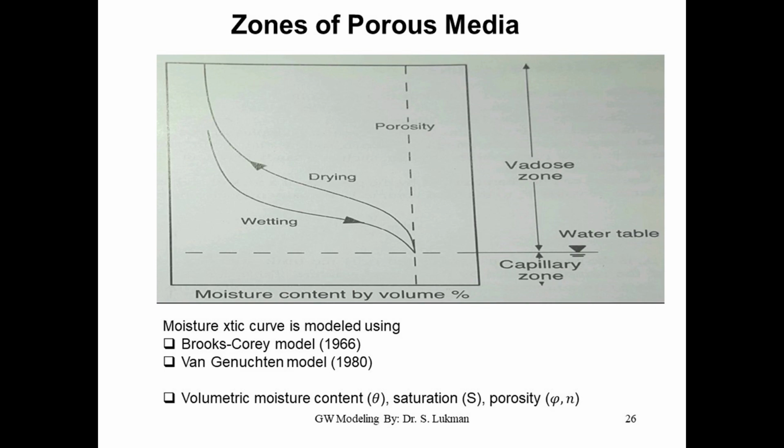And then it reduces, and then it becomes constant. It is never zero. Because this is the moisture content, this is the zero. No matter what, some water will still be held by the porous media.